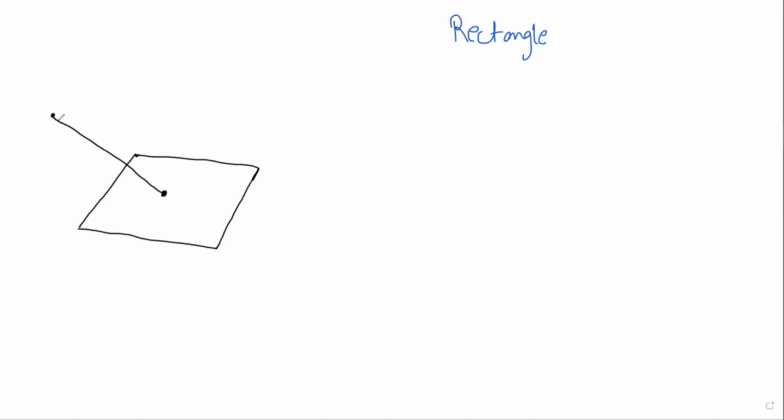Just a pole. I'm attaching a pole on one side of the square. So there are 4 vertices, but then there is also a pole. Why am I attaching the pole?